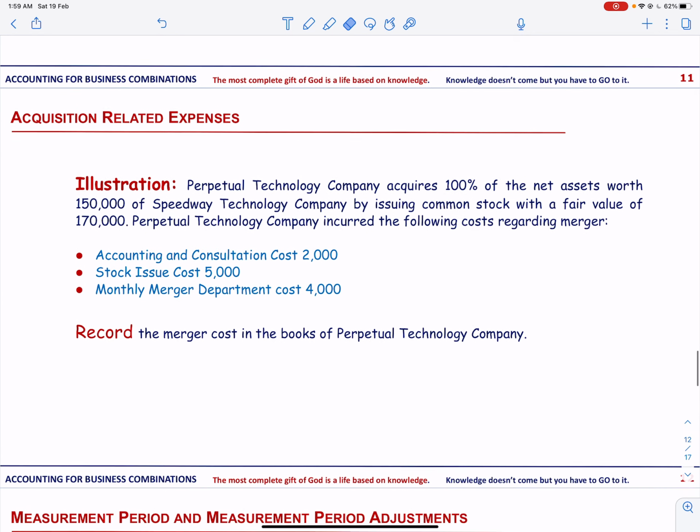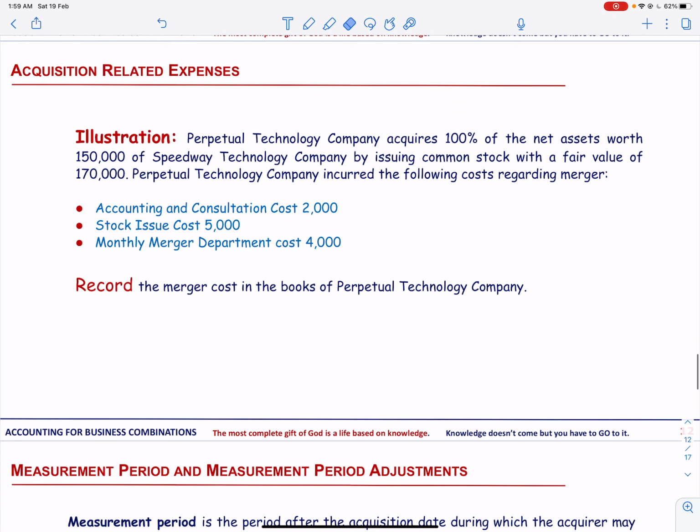Let us look into an example in this regard. Perpetual Technology Company acquires 100% of the net assets worth 150,000 of Speedway Technology Company by issuing common stock with a fair value of 170,000. Perpetual Technology Company incurred the following cost. So these are the cost, and all the costs are going to be expensed.